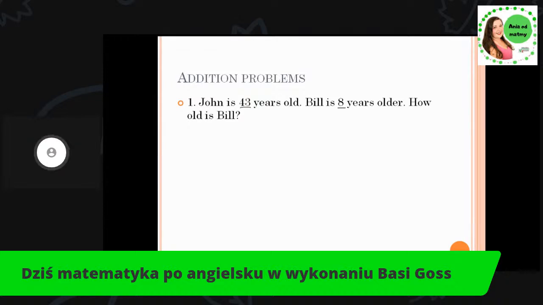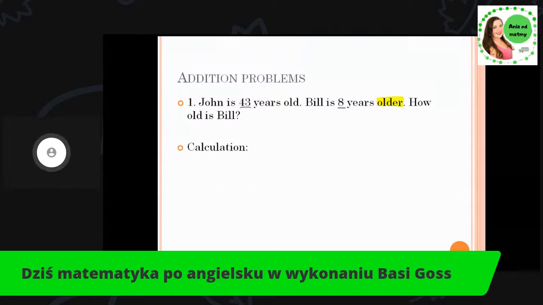and which word in this question is telling us that we need to use addition? We have the word older, because older means the age for somebody is going to be bigger.